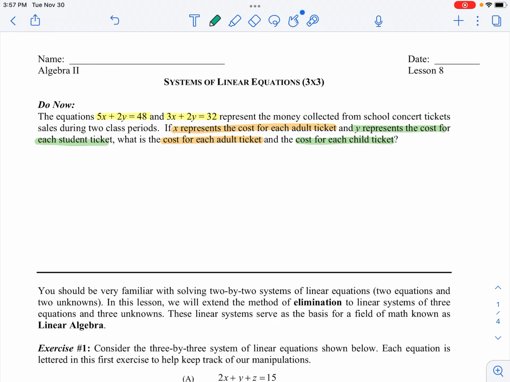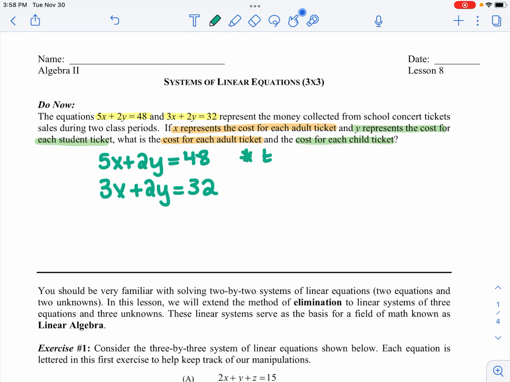When solving a 2 by 2 system of equations, way back in Algebra 1, we had two methods that we used. One we called elimination, the other substitution. When we have the equations set up like this, where our X values are lined up, our Y's are lined up, our equal signs, and our constants, this is where you're set up to use the elimination method.